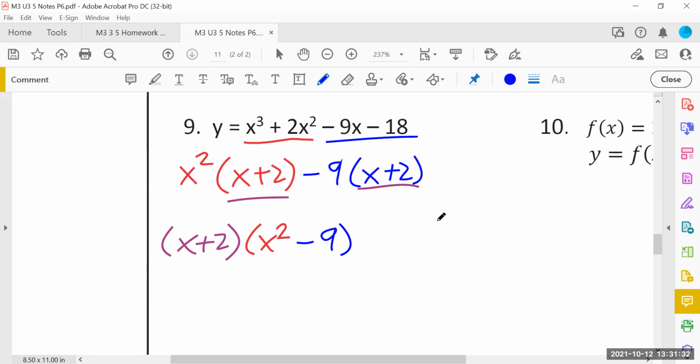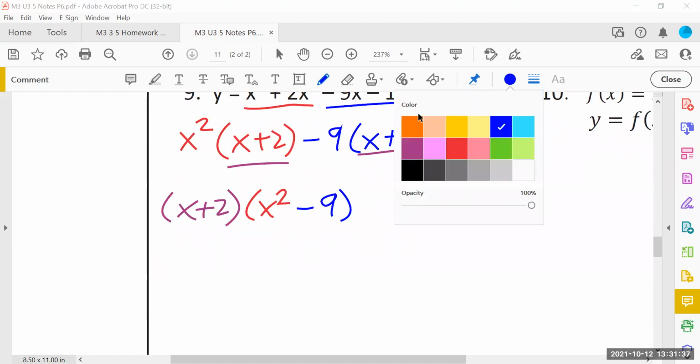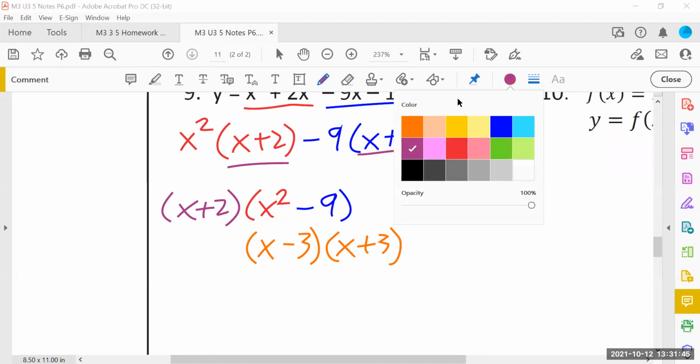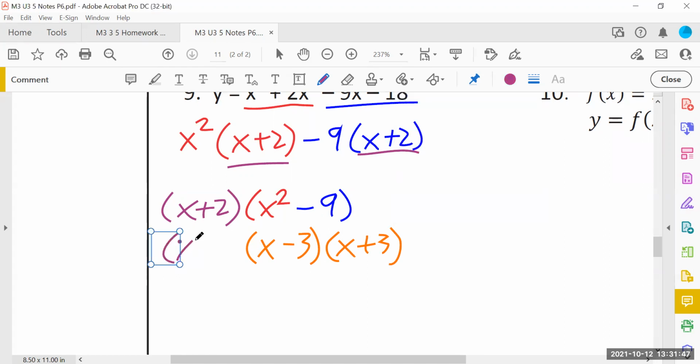That's a difference of squares. Factor that one: x minus 3, x plus 3. X plus 2 is still out in front. It is now factored and looking exactly like what we graphed before.